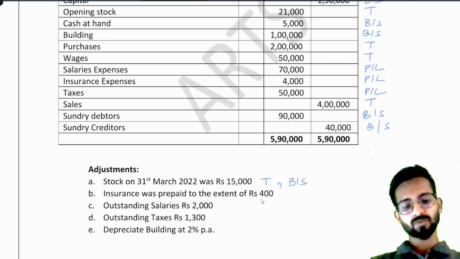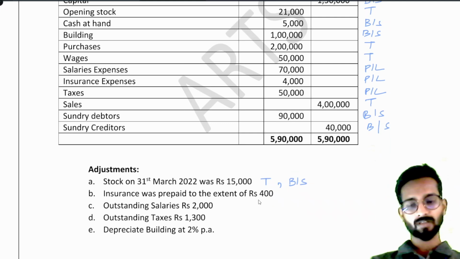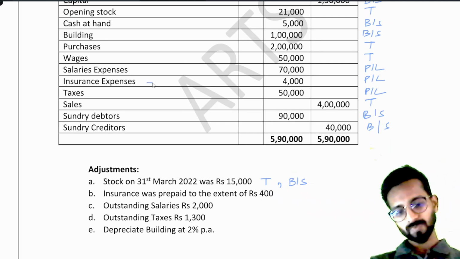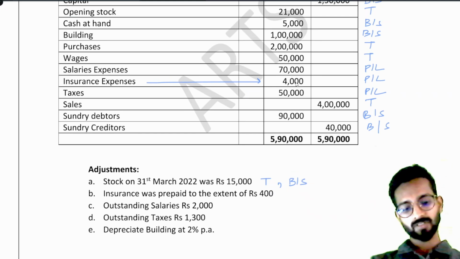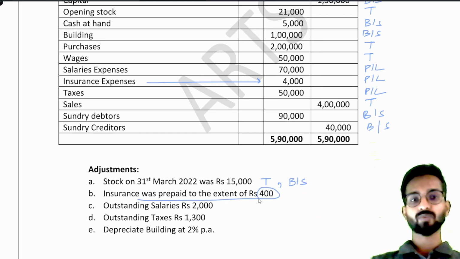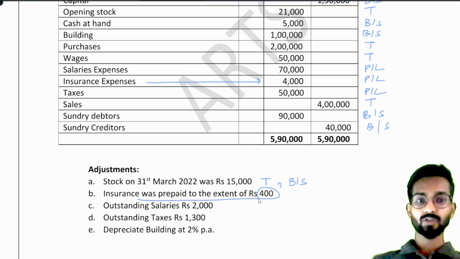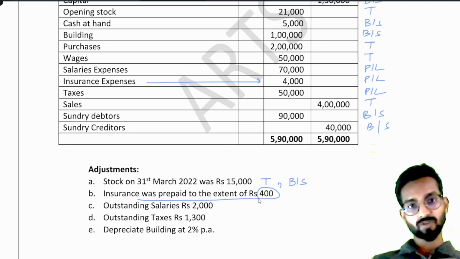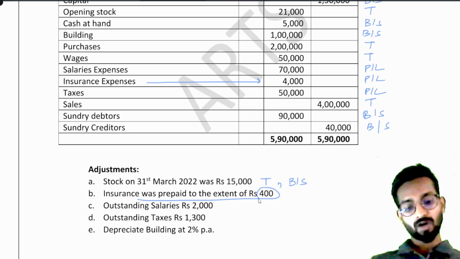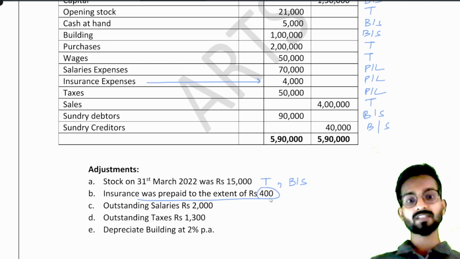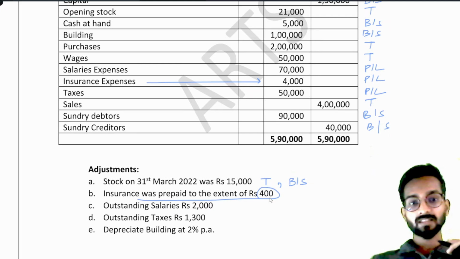Insurance was prepaid to the extent of 400 rupees. Now understand. Insurance expense was how much? 4,000. They are saying insurance was prepaid to the extent of 400. It means the question is telling you that out of the 4,000 rupees you have paid as insurance expense, 400 rupees is prepaid expense. It means this expense is related to the next year.